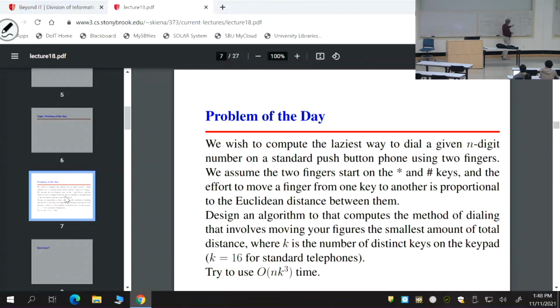If I have this function, what is the cheapest one?